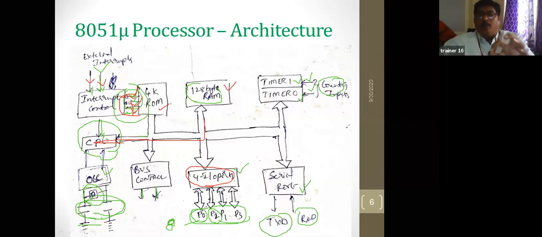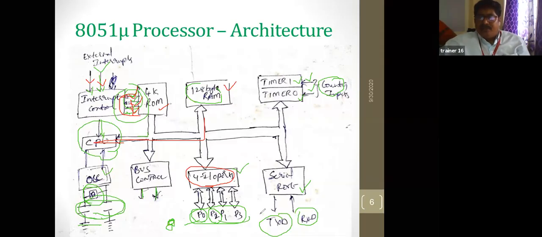Each port, P0, has 8 lines: P0.0, P0.1, P0.2, P0.3, like that up to P0.7. And serial port TXD and RXD.